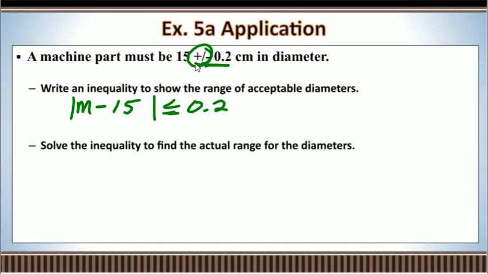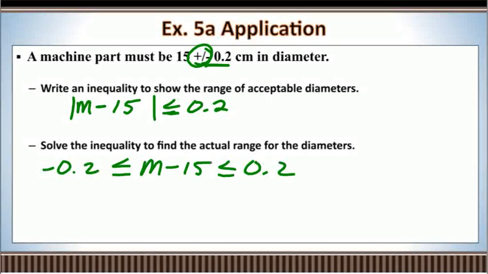Now solve the inequality to find the actual range for the diameters. So to solve that, because it's a less than or equal to, it's a conjunction. So if I put m minus 15, it's less than or equal to 0.2 on the high side, and greater than or equal to -0.2 on the low side. To get m by itself, I add 15 to all three sides.